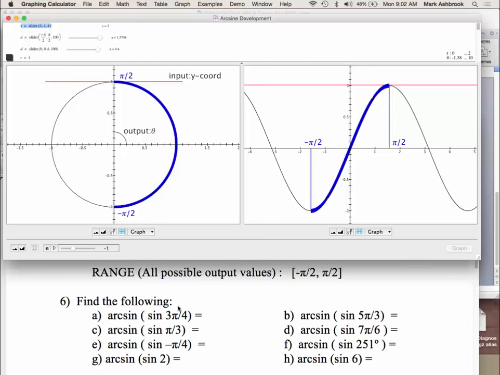Okay, so we did this. Arc sine of 2. So where is angle measure of 2? We're going to take a little different tack on this now. No calculator, okay?